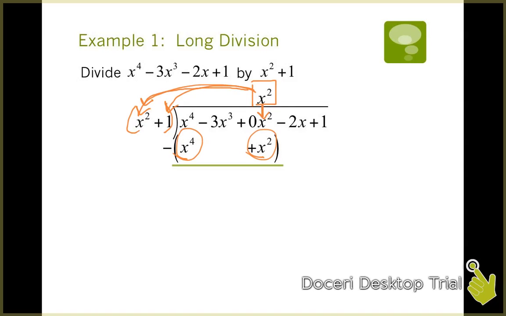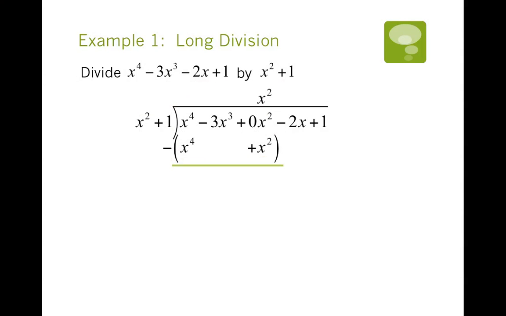and x squared times 1 gives me x squared. And then just like with numbers, once I take this piece times my divisor, I'm going to subtract that result. Okay? Now, here again, I would really recommend that instead of dealing with it as subtraction, you change this into adding the opposite. Because your brain generally tends to want to add things.